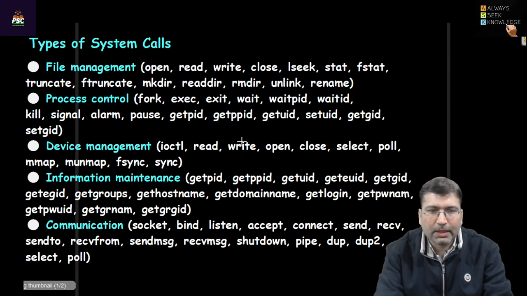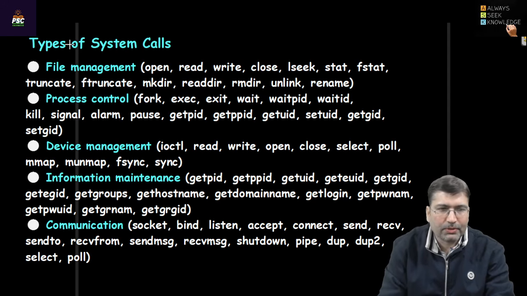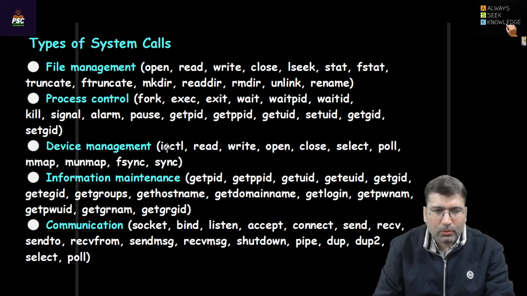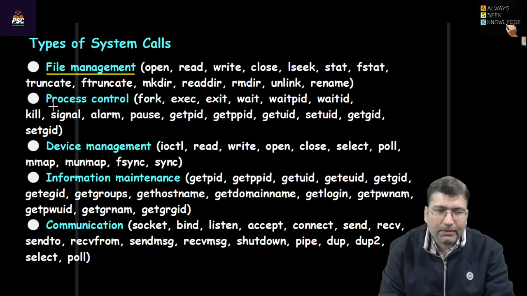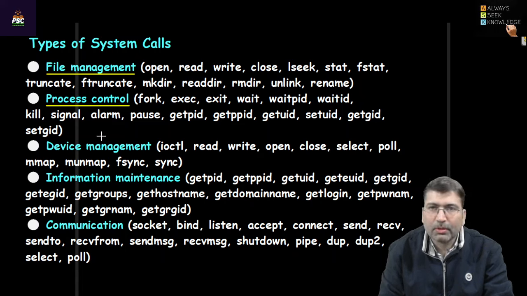So generally there are different categories of system calls. Throughout this lab, you will be going to use a few of the system calls, those I have mentioned here. So the very first thing, the experiment 3 is about the file management related system calls. Then after we will discuss about the process control or process management related system calls.